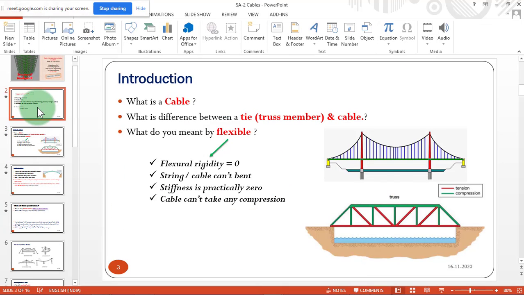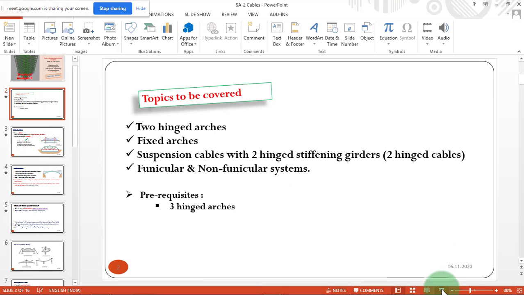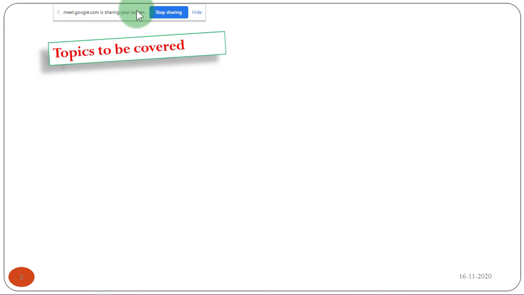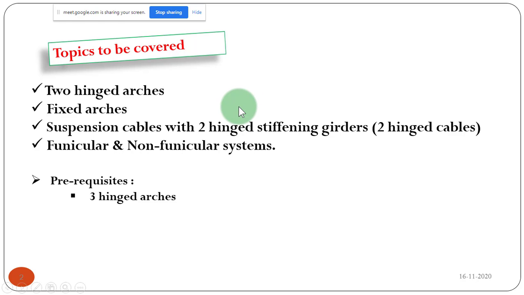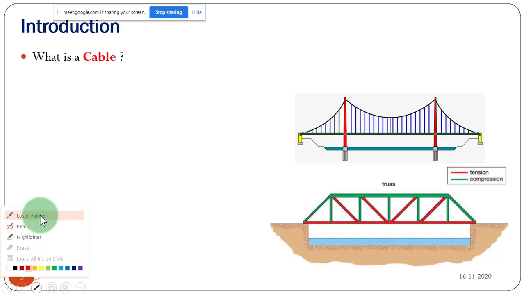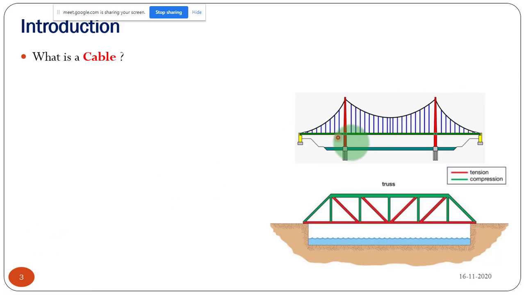Let us have some introduction about this. So this is my cable, right? This is a suspension bridge only.